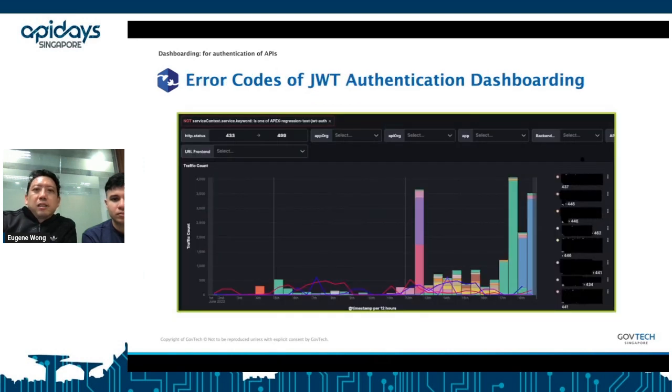And this is what our dashboarding looks like when customers were migrating to our platform. When we used this dashboard, it was easy to work with our publishers and consumers to troubleshoot their authentication and authorization issues and pinpoint the errors quickly.